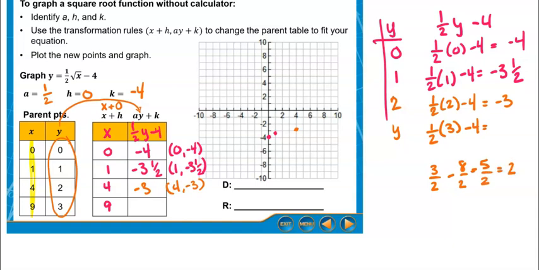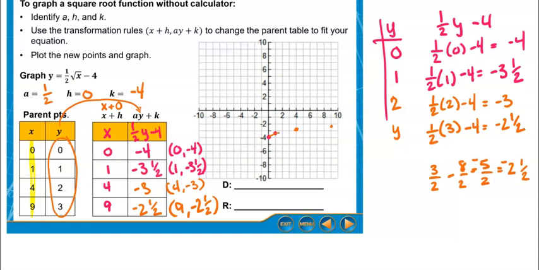So this equals 2 1/2. And it's a negative. So this is negative 2 1/2. So my next coordinate point is at (9, -2 1/2). So I'll go over to 9 and then down to 2 1/2.